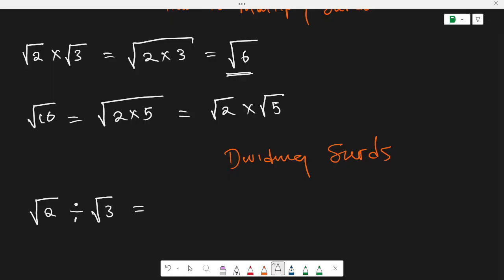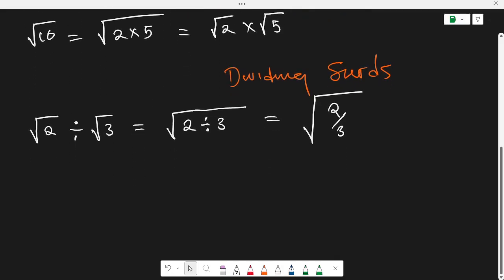This is the same as writing the square root of 2 divided by 3, in one square root.